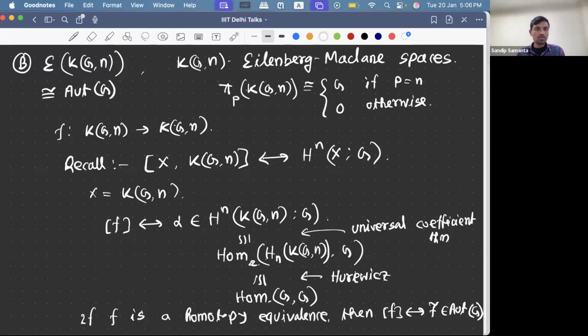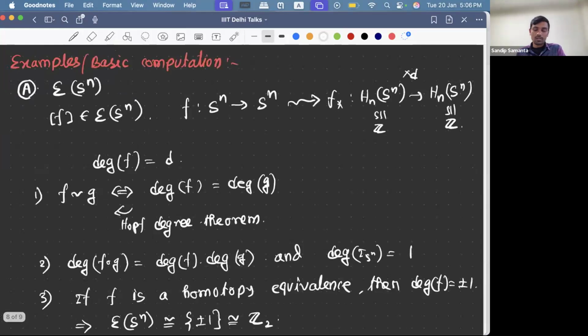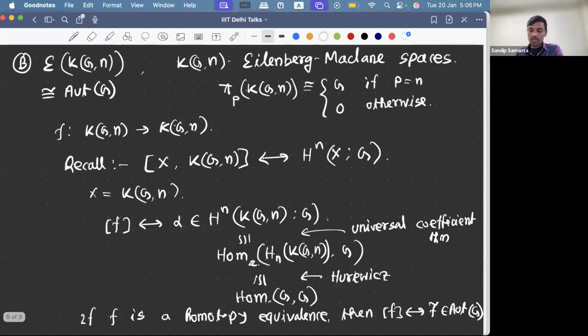Okay, so for these two spaces at least we have calculated these E(X) groups, and using basic topological tools we can get this easy calculation, and they are very familiar groups to study. For other spaces, when we complicate the space X where we have more non-zero homotopy groups. At the homotopy level, these Eilenberg-MacLane spaces are quite easy to understand.